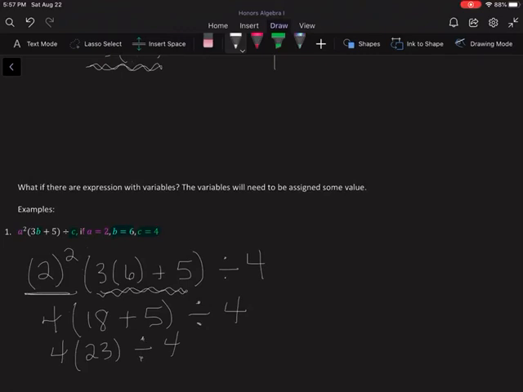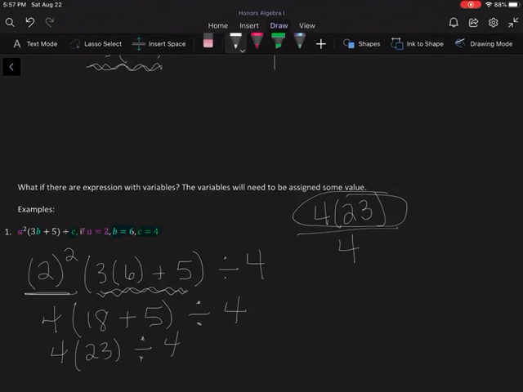Okay. So this is kind of counterintuitive here, right? If we do 4 times 23 and then divide it by 4, it's obviously going to be 23. So what I wanted to show you as well is if I had 4 times 23 divided by 4, I would complete this first, then divide by 4 usually.